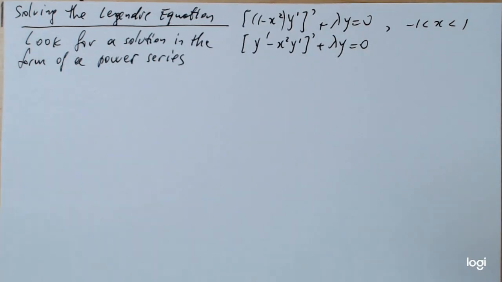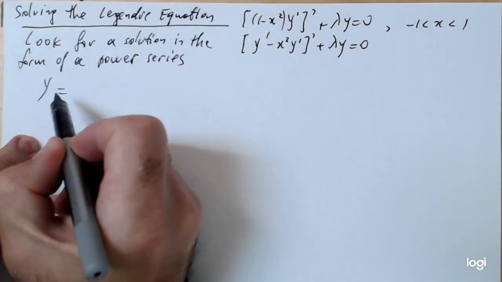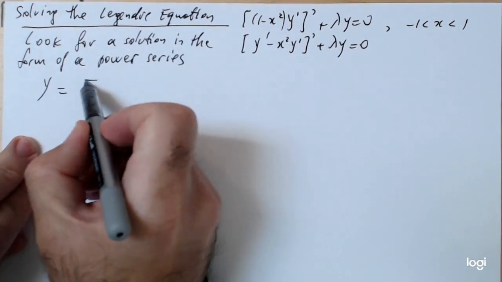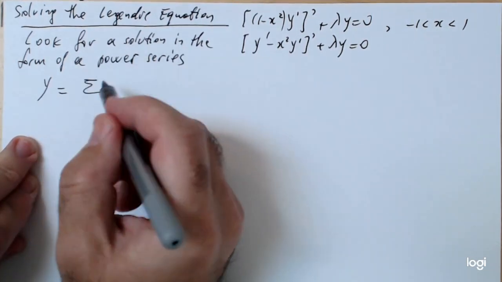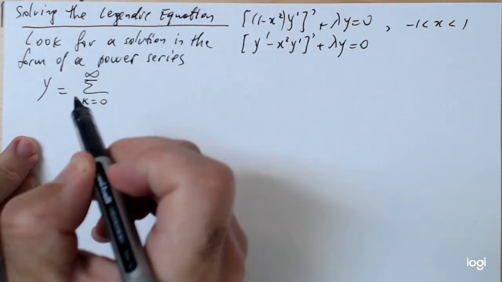So then the series method of solution is that instead of having a closed format, you're looking for a series, a power series, because you know a large class of functions can have a power series representation. So it stands to reason that it could be possible to find a solution in the format of a power series. That means you're looking for y in the form of a summation from 0 to infinity.